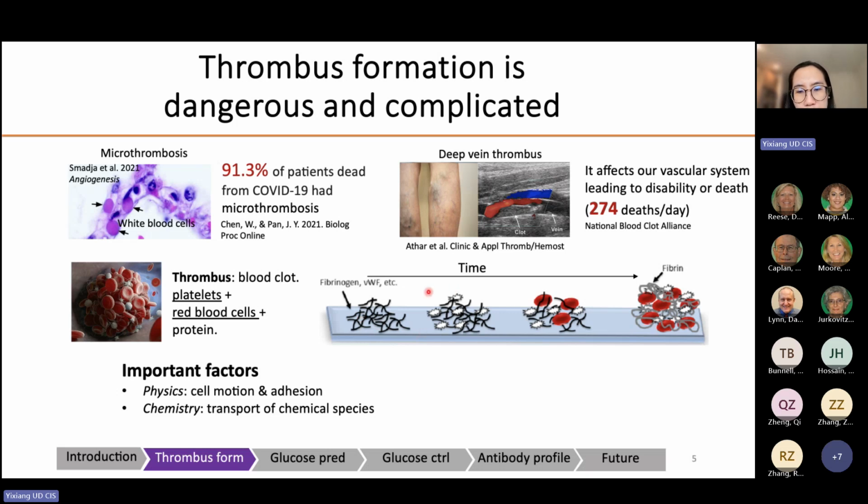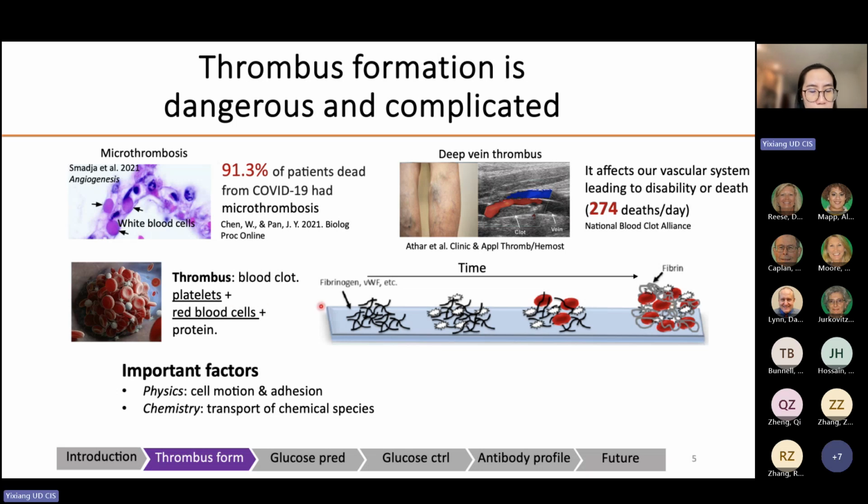And then the free-flowing platelets will then be recruited by these activated proteins. And then further down the time, you can find more red blood cells will further be recruited and adhere to this network. And then the fibrin, a downstream product of fibrinogen during this whole process, will enhance the blood clot.